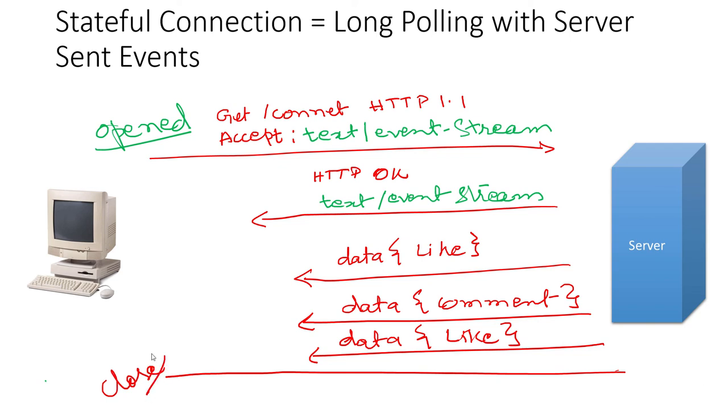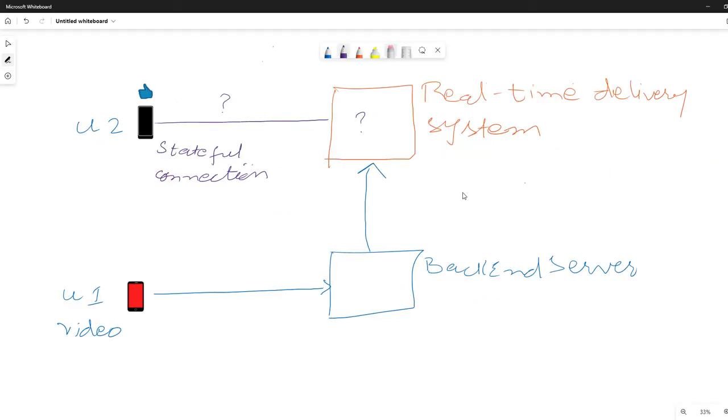So this stateful connection helps in getting the responses from the server in a very efficient manner. We can say this connection is a server-side event connection, and this stateful connection helps in sending a continuous response to the client.